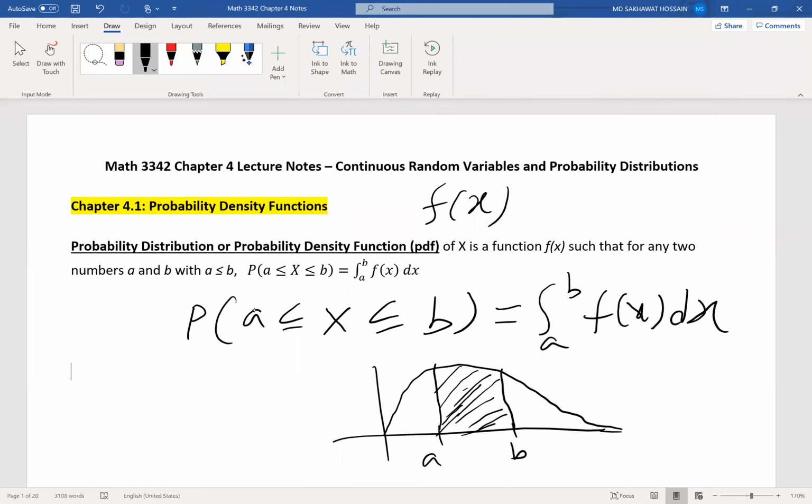Since this curve is f of x, you can just integrate f of x from a to b and it will give you the area between a and b under this curve.